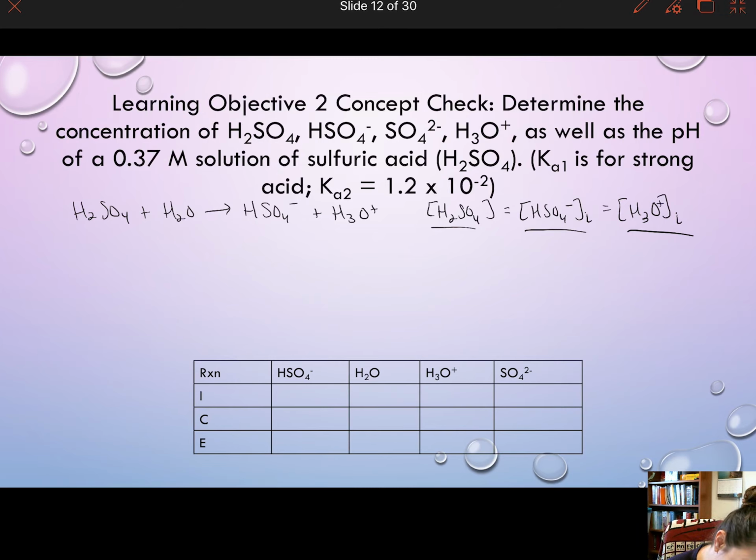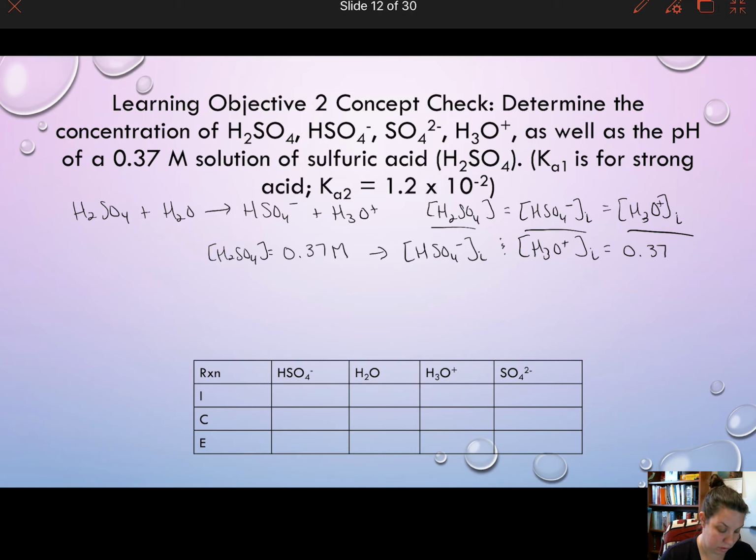So H2SO4 is equal to 0.37 molar. So it's going to completely dissociate to produce our initial concentration of HSO4 minus and H3O plus like so. So those will go into our table.